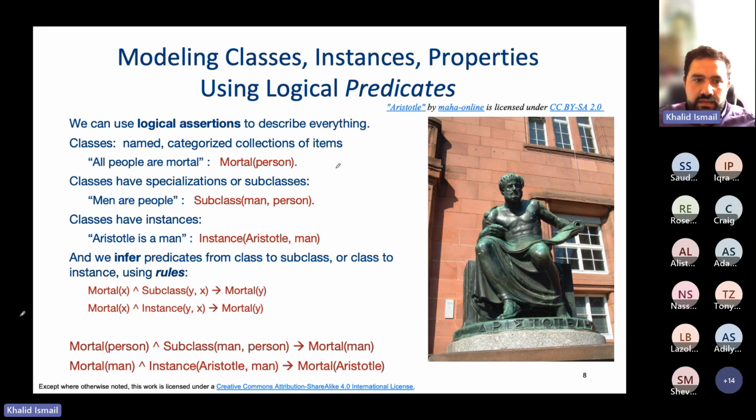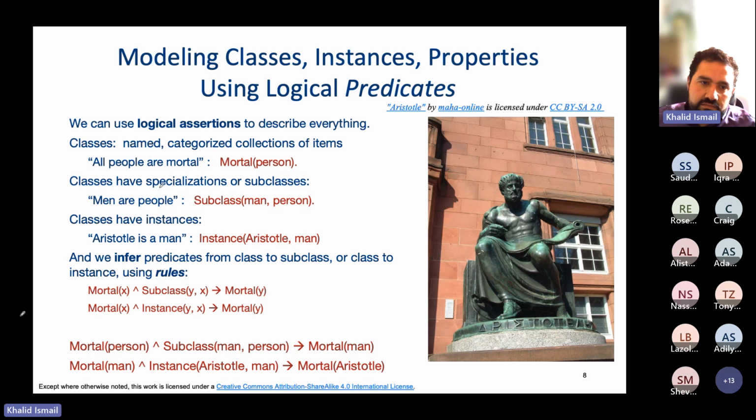For example, classes are named, categorized collections of items. Here we say all people are mortal. So a person here is mortal. You can represent that logically by this expression.